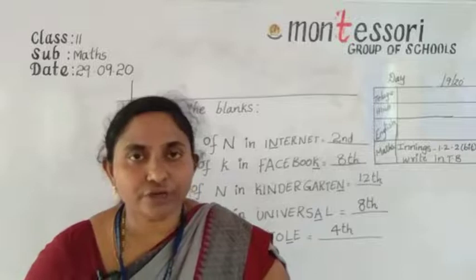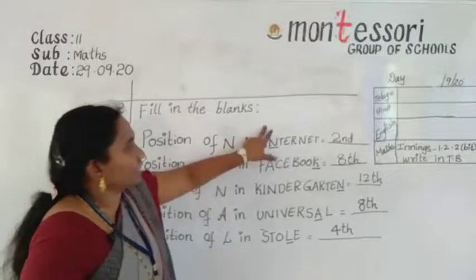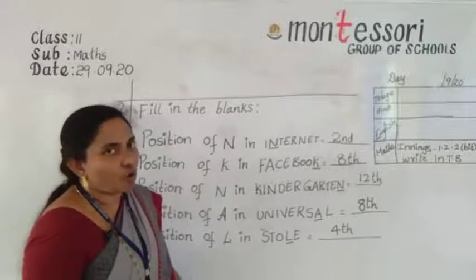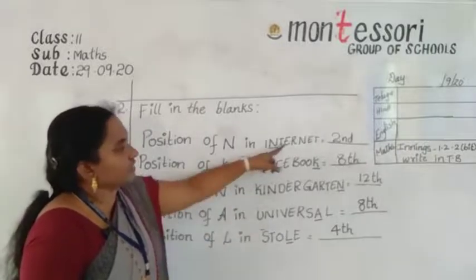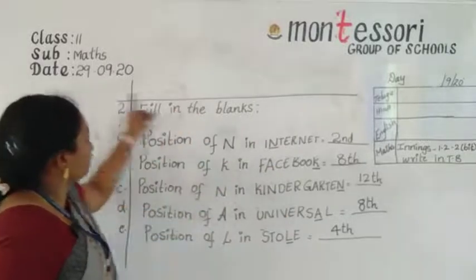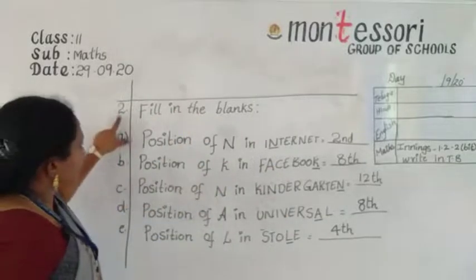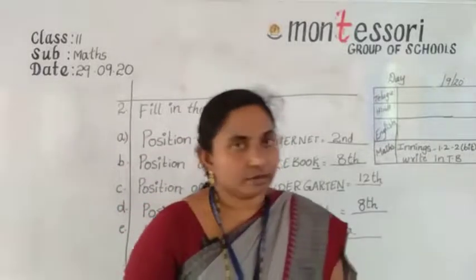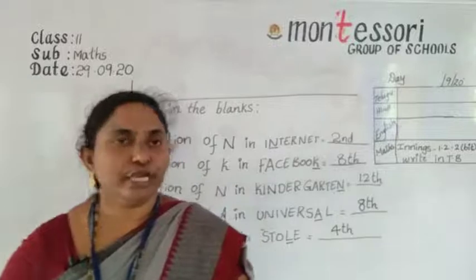This is today's homework, only text work. Second, 8th, 12th, 8th, 4th. This is the total picture. Take a neat photo of the second bit and send it to your concerned WhatsApp group. Understood all of you?